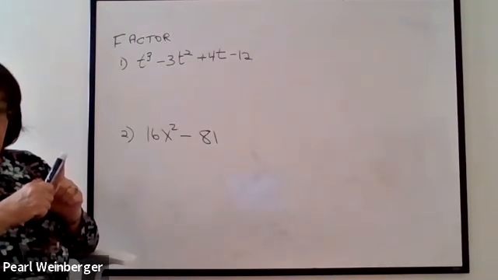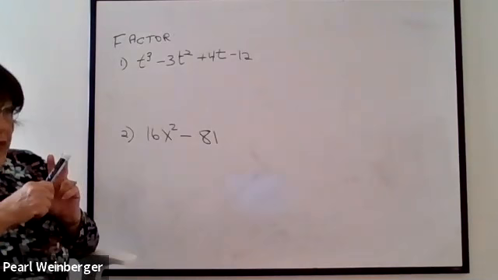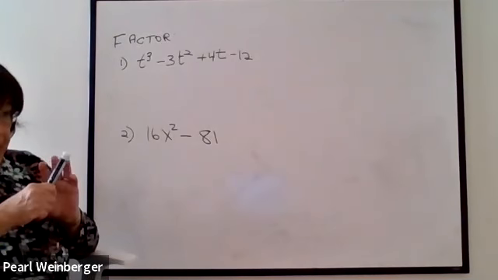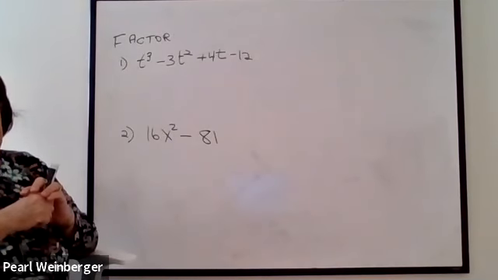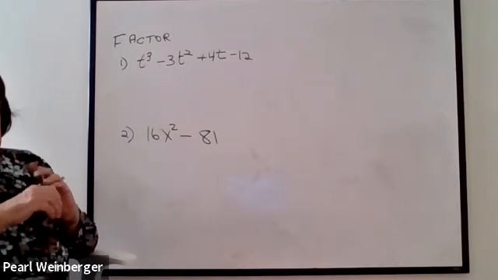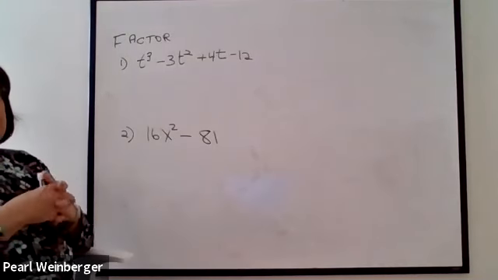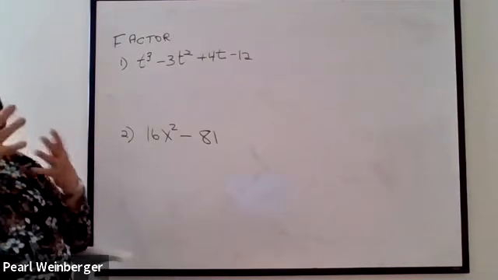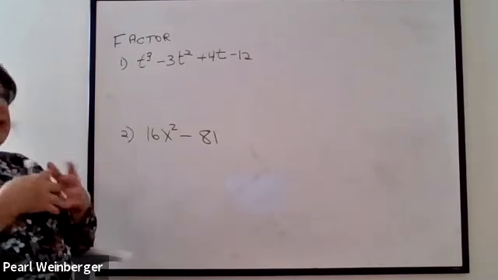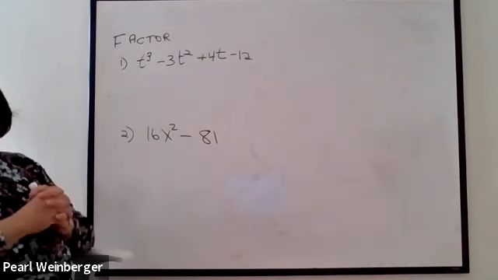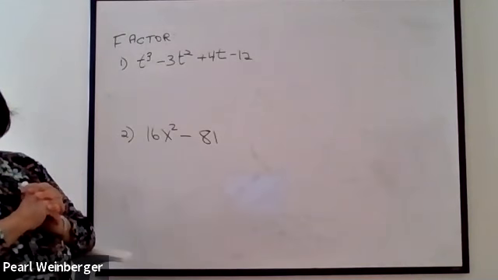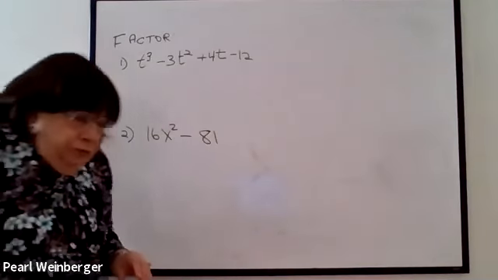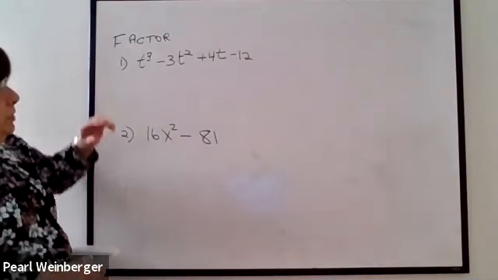We do grouping. We do difference of squares. And we do trinomial factoring. Sometimes they'll tell you factor by grouping, or say use a difference of squares. But even if those instructions are not given, you should know how to proceed.